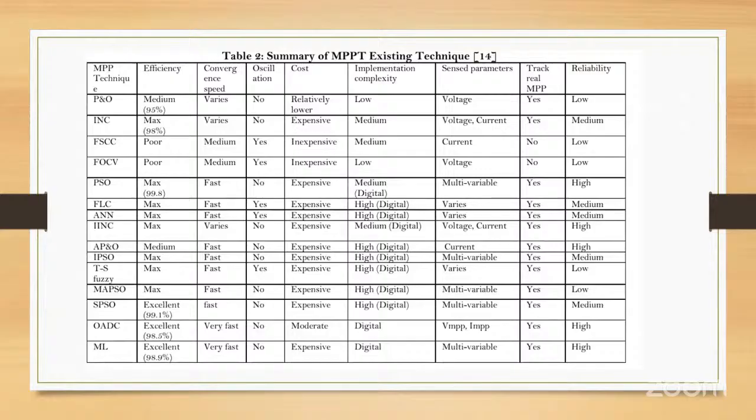PSV has efficiency of 99.8%. The convergence is very fast, oscillations nil, expensive, implementation partial. Multivariable parameters means all parameters, temperature, voltage, current, etc., can be measured. Real-time tracking is also there, and it is also reliable.